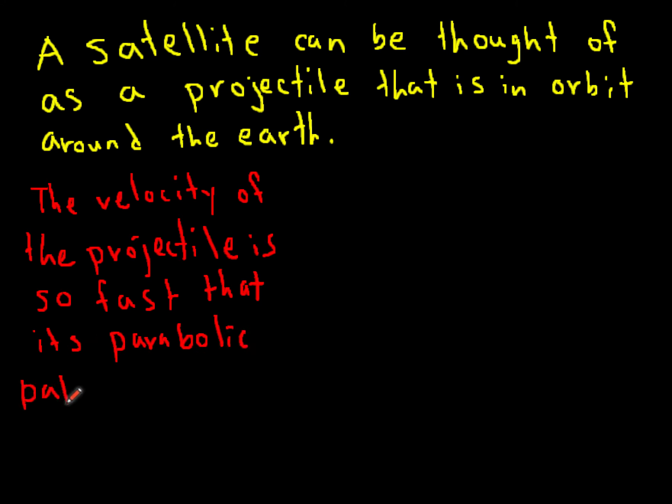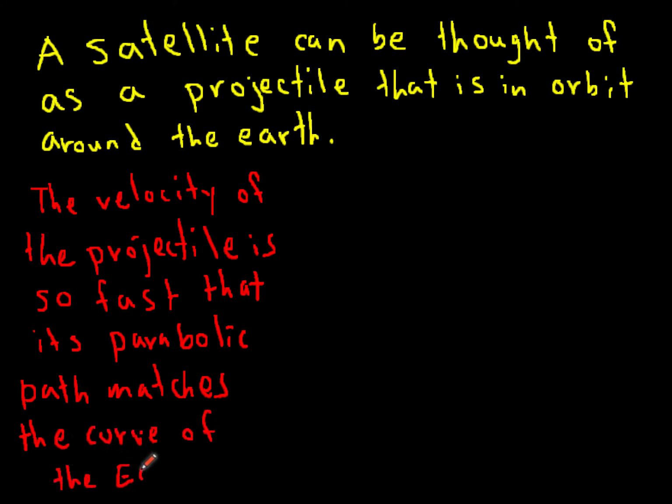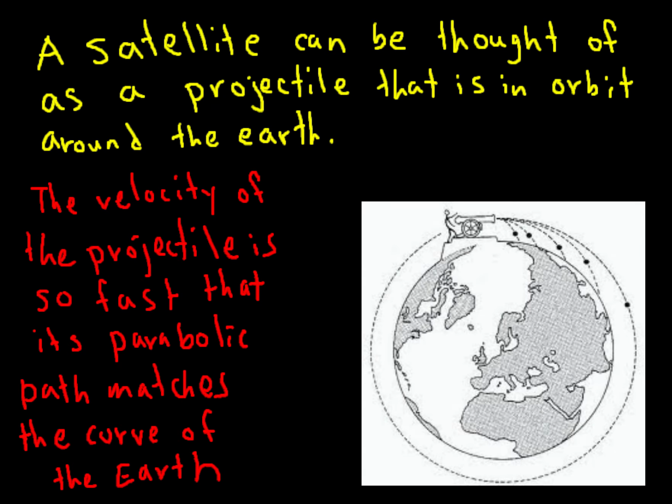Every time the projectile curves as it falls, the Earth curves out from underneath it, and it just continues to curve around the Earth, eventually coming around and meeting itself on the other side from where it started. Slower projectiles will land on the Earth eventually, but if it's fast enough, it will curve and travel around the Earth. So a satellite is just a projectile that's going fast enough to orbit.